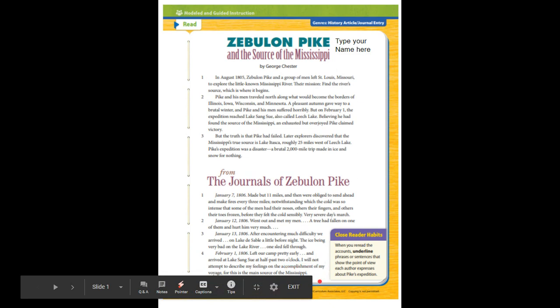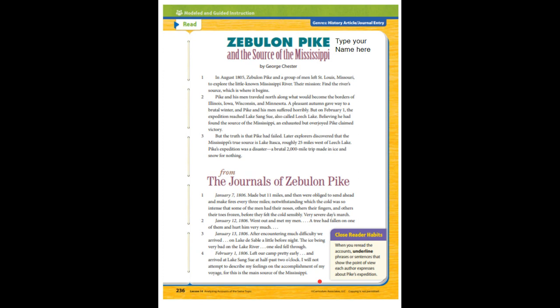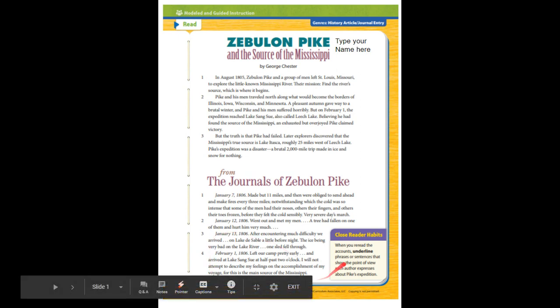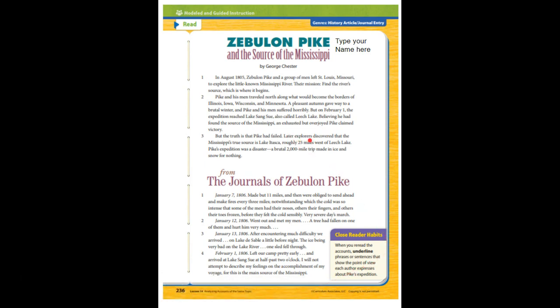And I would definitely underline this last little sentence here, starting from I will not all the way down, because he is saying, I cannot even contain my excitement. I am so proud of myself for finding the main source of the Mississippi. He is so happy right now. But that is just his point of view of this. Because if we pay attention up here, it says later explorers discovered that the Mississippi's true source is Lake Itasca.